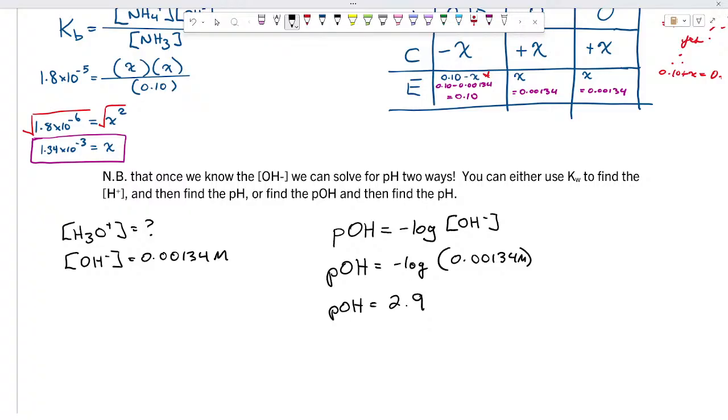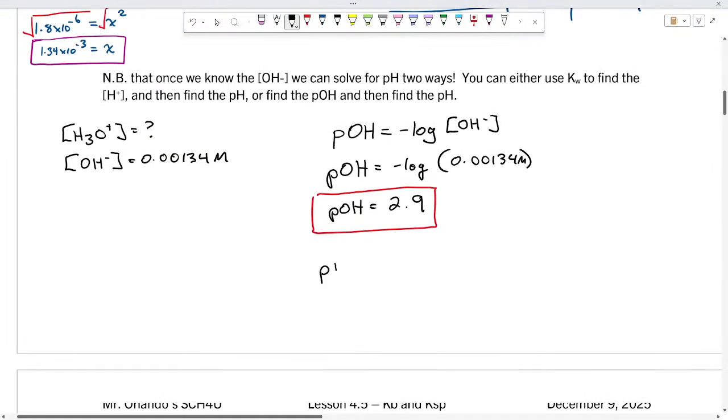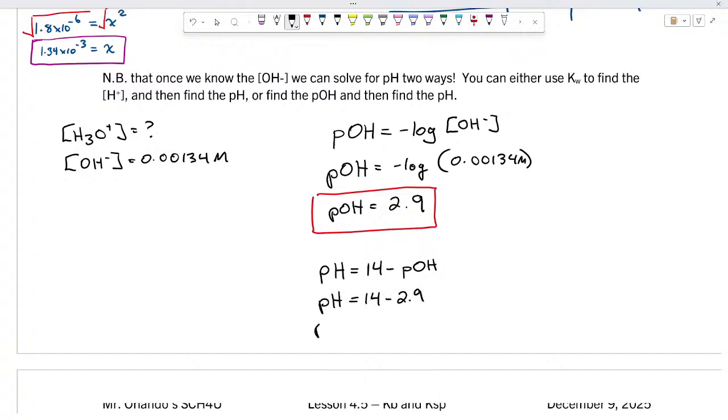So pOH of 2.9. Okay, now that's not the answer to our question. The other thing we know is that pH is calculated by doing what? 14 minus the pOH, which means that the pH is 14 minus 2.9, which means that the pH is 11.1. Okay. That is, to me, the easier way to do it.